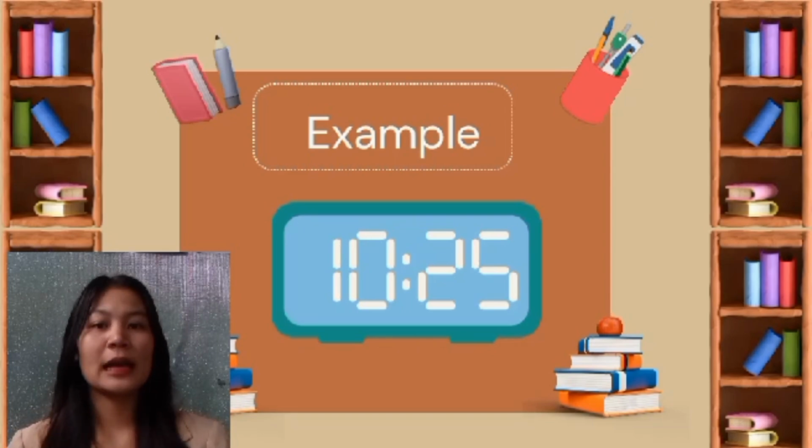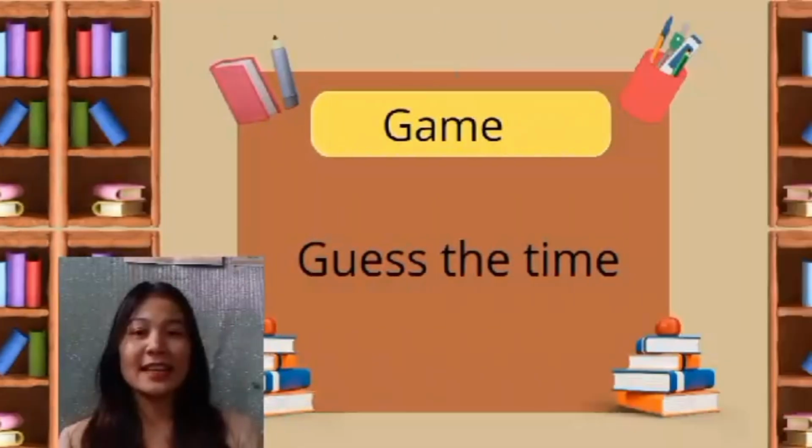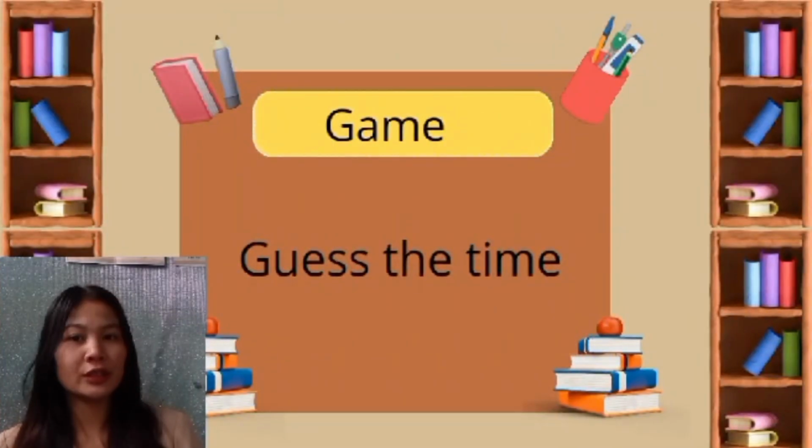Now let's put what we learned into practice. On the following slide, you will see both analog and digital clocks. I will give you a moment to identify the time shown on each slide.